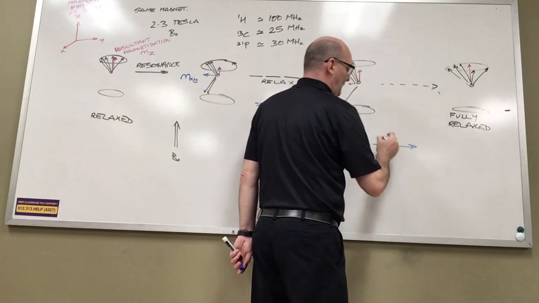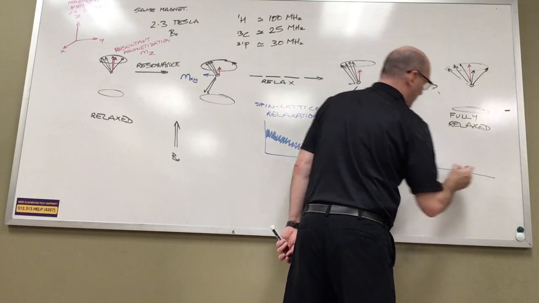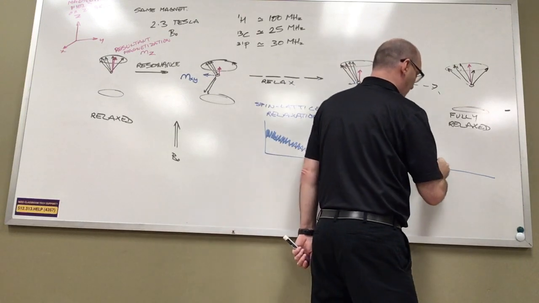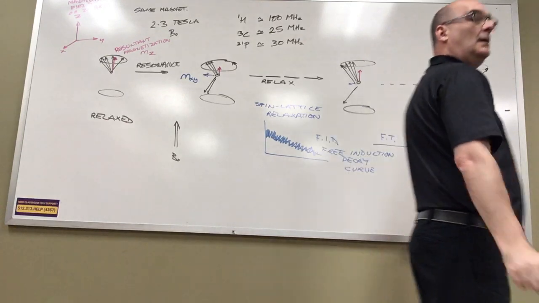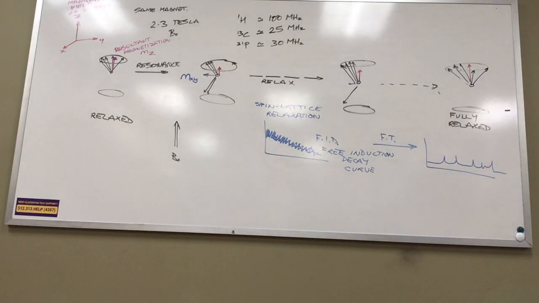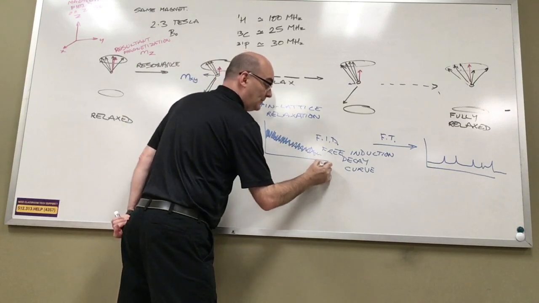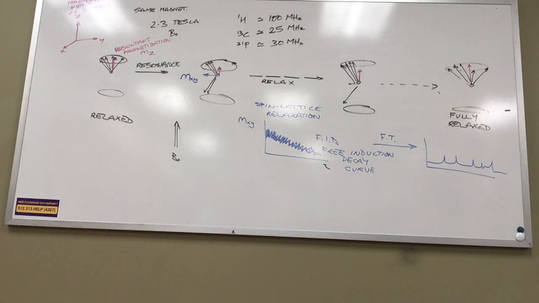And if I Fourier transform that, I can convert that into frequency. So this is Mxy over time, and I'm going to convert that into frequency.